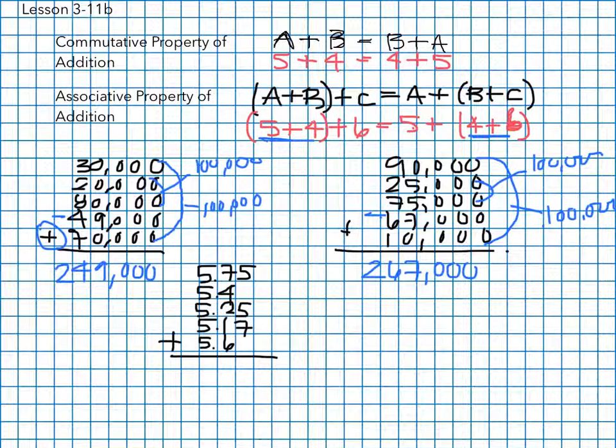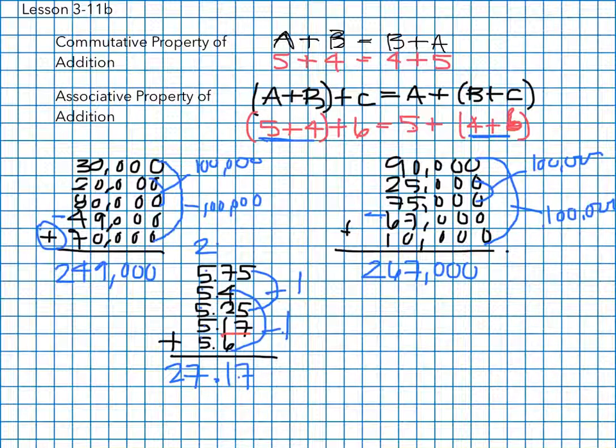If I want, I could always just add straight down, or let's use our brain and make this easier. 0.75 and 0.25 is going to give me 1. 0.4 and 0.6 is going to give me 1. So all I'm going to have left then is the 0.17. So let's just bring the 0.17 down. And I'm going to carry these two right here. And then I can go 5, 10, 15, 20, 25, 26, 27.